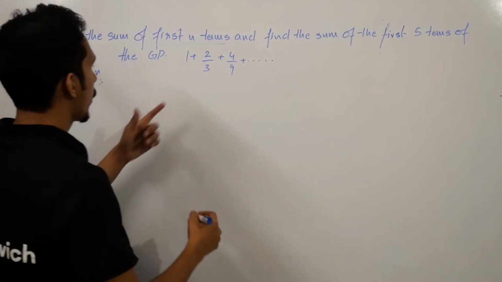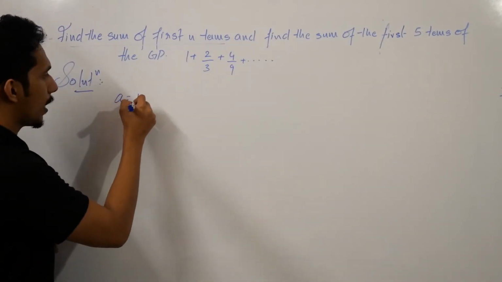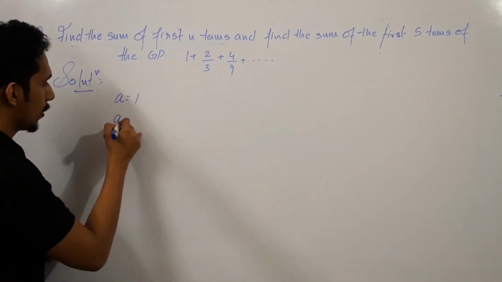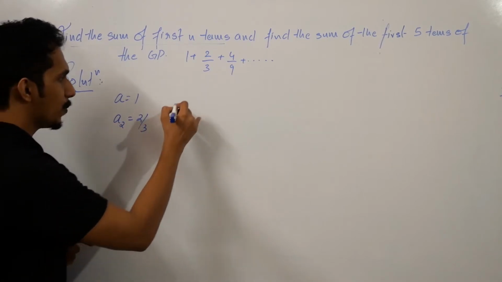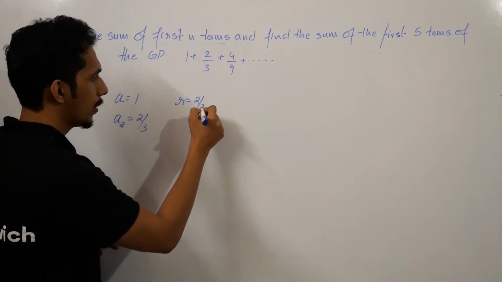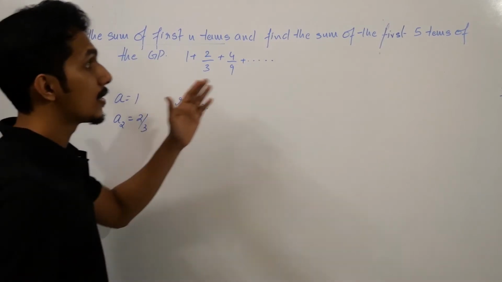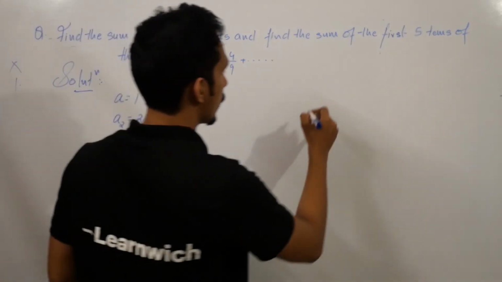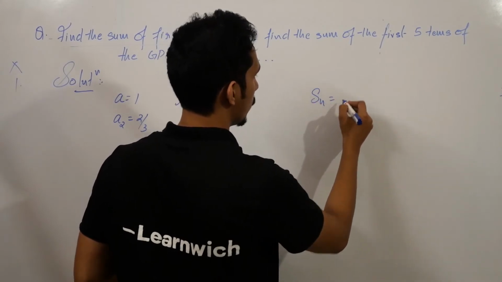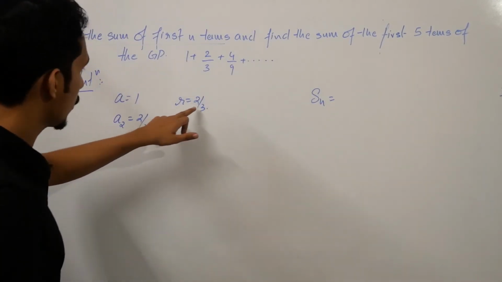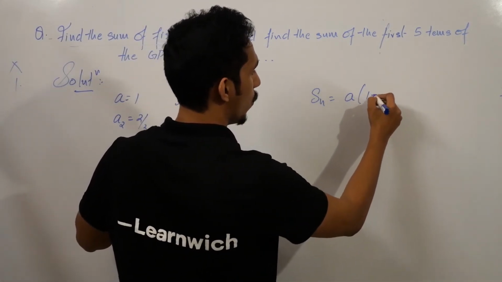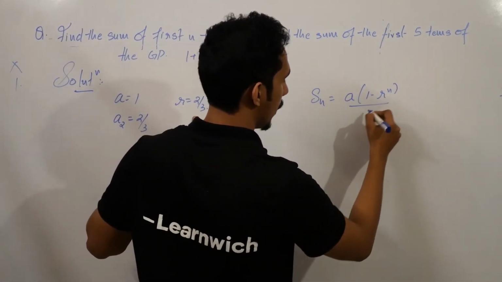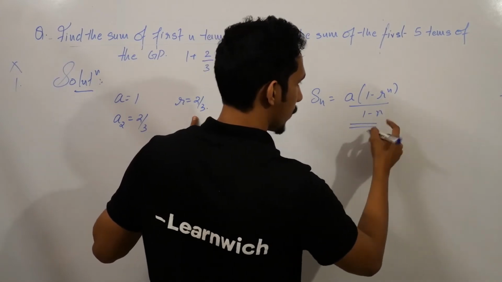Now listen, what is A here? A is 1, A2 is 2 by 3, so what is R? R is also 2 by 3. We have the sum of n terms. What is the equation for the sum of n terms? Sn is equal to, here R is 2 by 3, which is less than 1, so it is A into 1 minus R raised to n by 1 minus R. That is the equation.